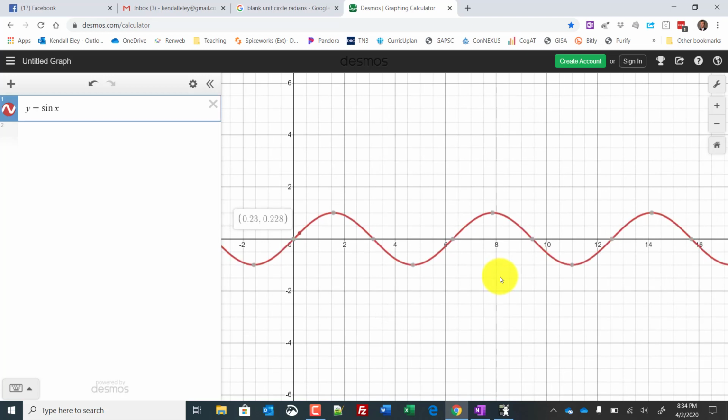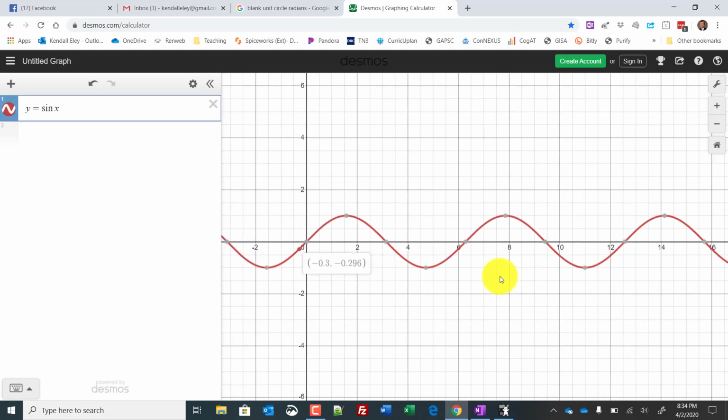When I go 2 pi units later, I'm back to the same point. If we look at these high points up here, at pi over 2, 2 pi away, I'm at the high point again.